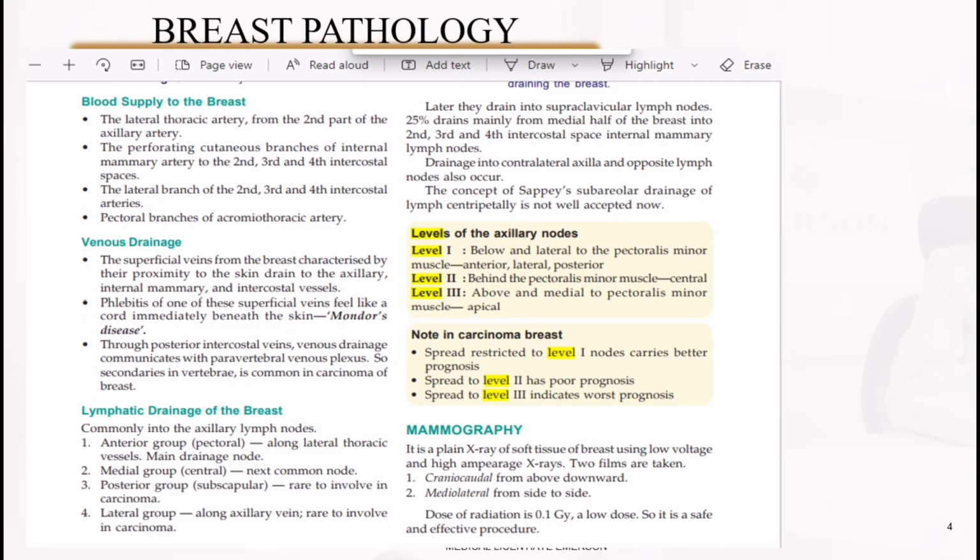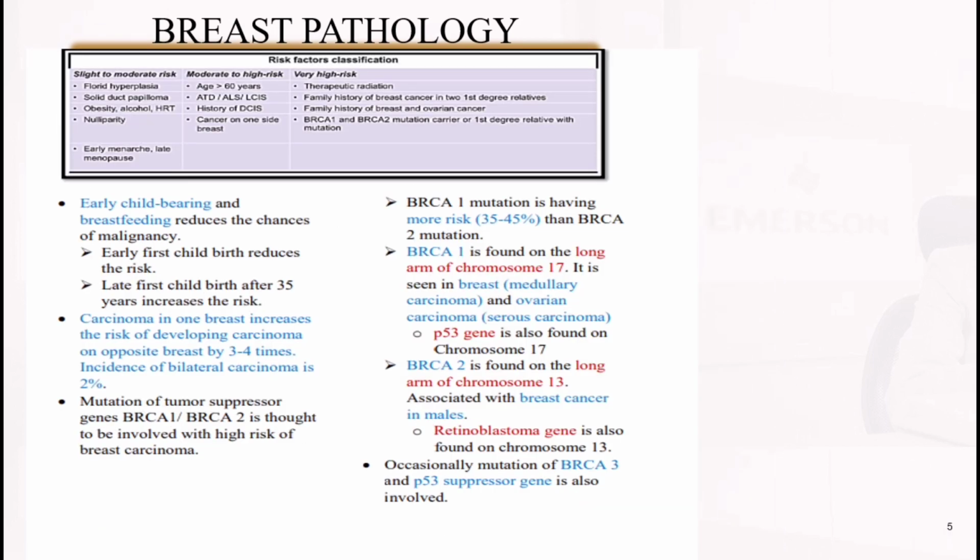Okay, those are just some notes, but let's skip to BRCA. I know you are wondering what BRCA is. Mutation of tumor suppressor genes BRCA1 and BRCA2 is thought to be involved in high risk of breast carcinoma. BRCA1 mutation carries more risk than BRCA2 mutation.